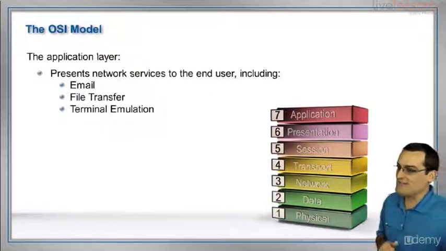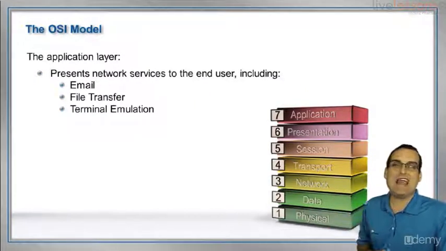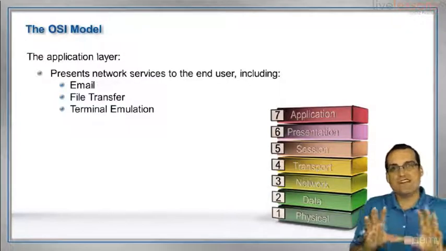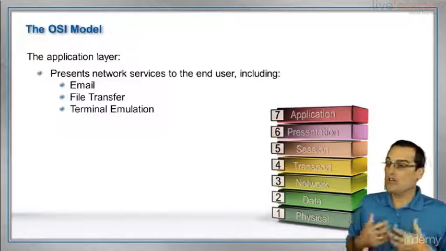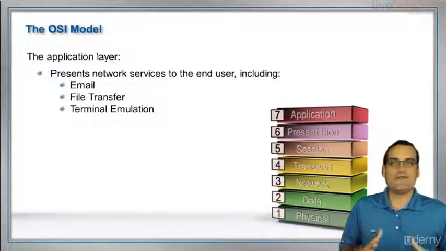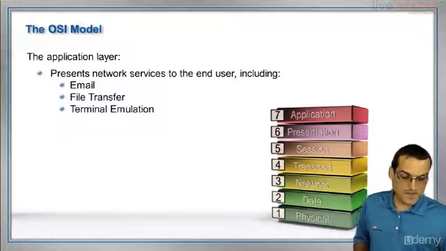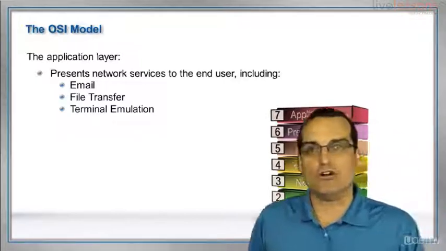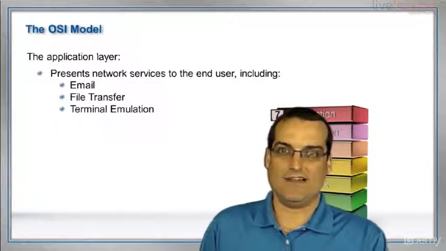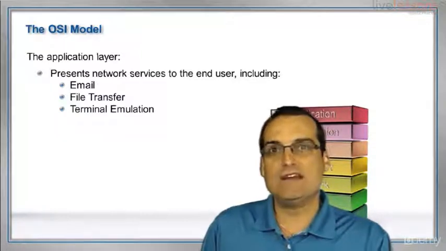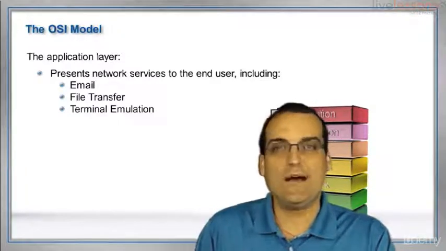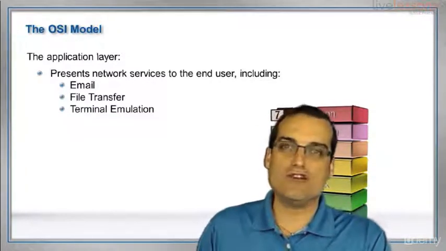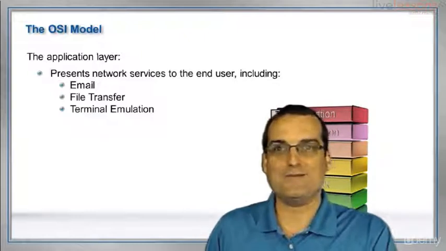Finally, in our OSI model, we have the very top layer, the application layer, which presents networking services to the end user utilizing some kind of very friendly, very easy to use application. Like maybe we're using Microsoft Outlook as our email interface, or maybe we're using Google's Chrome browser as the web interface in order to interact with the network data.